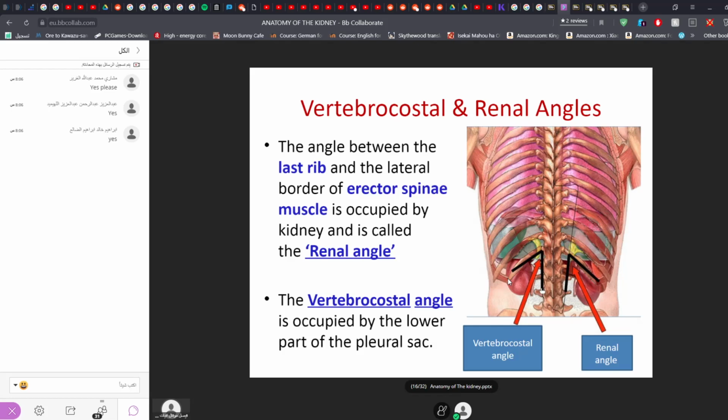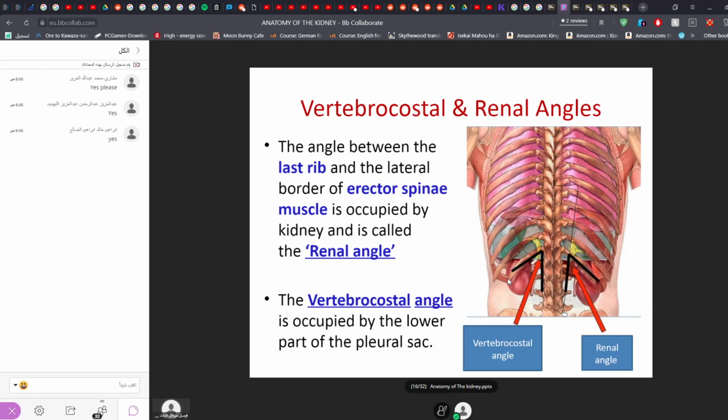It is formed by the vertebral column and the last rib. Can you see? This is the last 12th rib and the vertebral column. Part of the pleural sac is lying above it, and you can have the kidney directly approachable. After removing the muscles, we can approach the kidney.